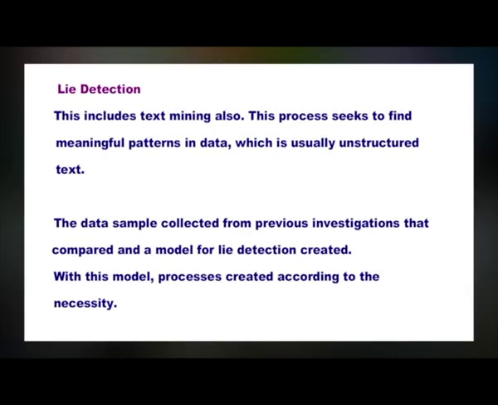This process includes finding a meaningful pattern in data which is usually unstructured, and mostly it is a flat text file. The data sample collected from previous investigations is compared and a model is built so that a lie detection system can be developed and administered. With this model, processes are created according to the necessity.